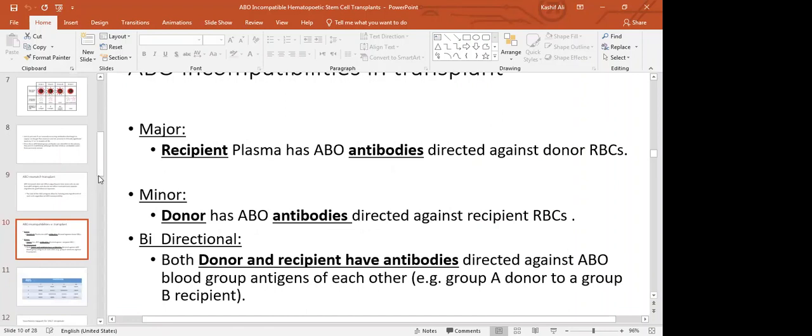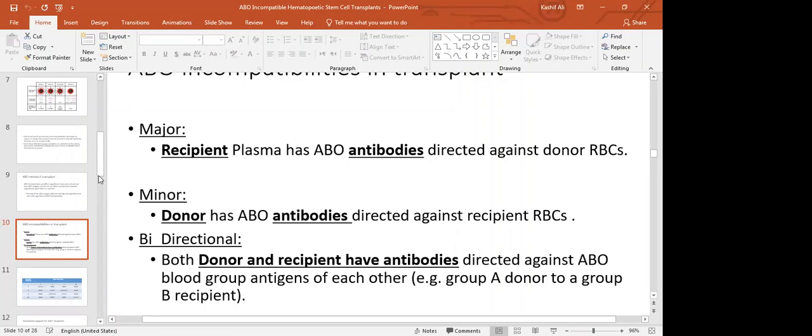Now, the ABO incompatibilities in transplants. There are three categories: major, minor, and bidirectional mismatch. Firstly, major mismatch is when the recipient's plasma has ABO antibodies directed against donor RBCs.